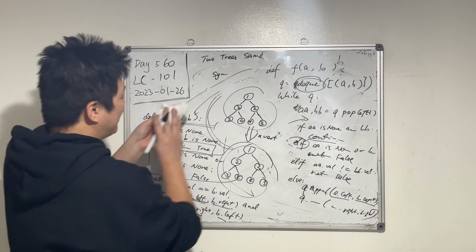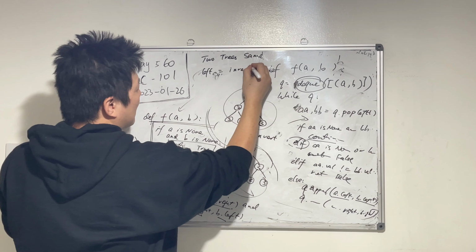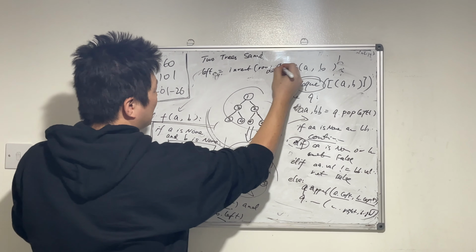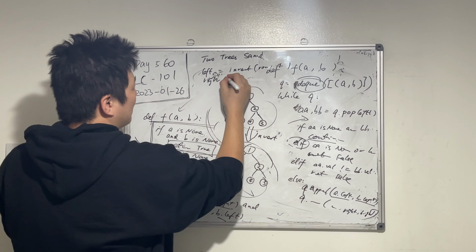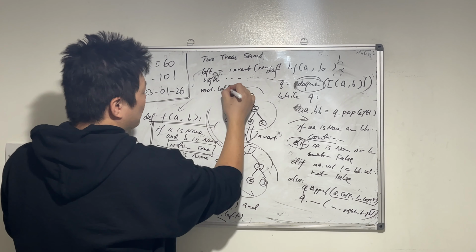Do you still remember how we invert the tree? I'm using recursion as well. Left equals invert root.left, right equals invert root.right, and then we just say root.left equals right, the right tree we assign to the left, and root.right equals left, and then return root.